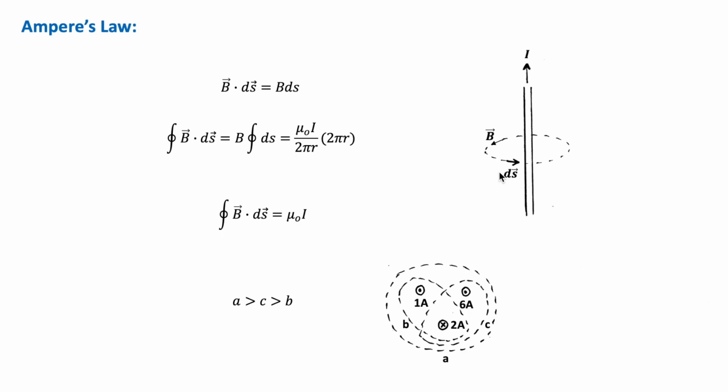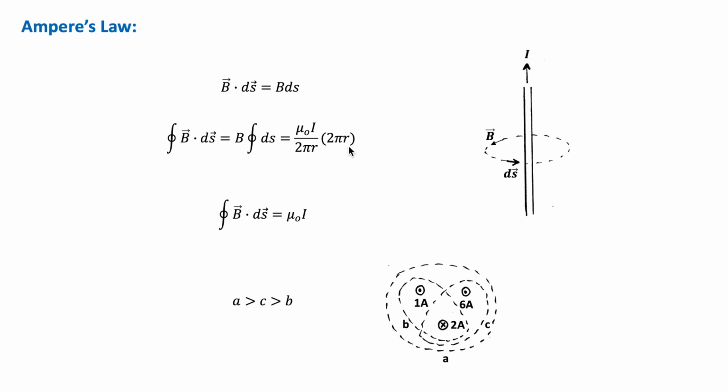And so by symmetry, B is constant in magnitude around the circle because all points on the circle are at the same distance from the wire, okay? And so the sum of B ds over the closed path is given by this equation. So the closed integral of ds is equal to 2 pi r, and 2 pi r is the circumference of the circle.